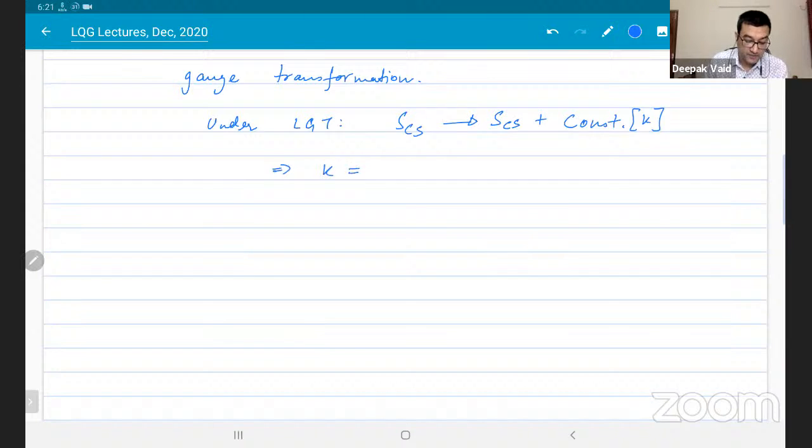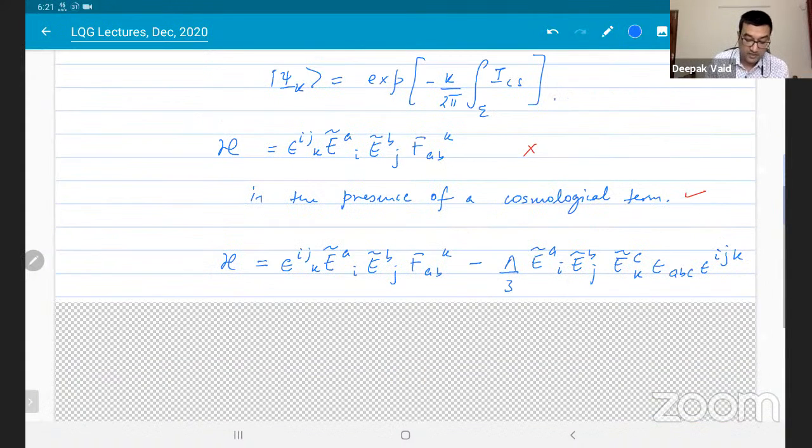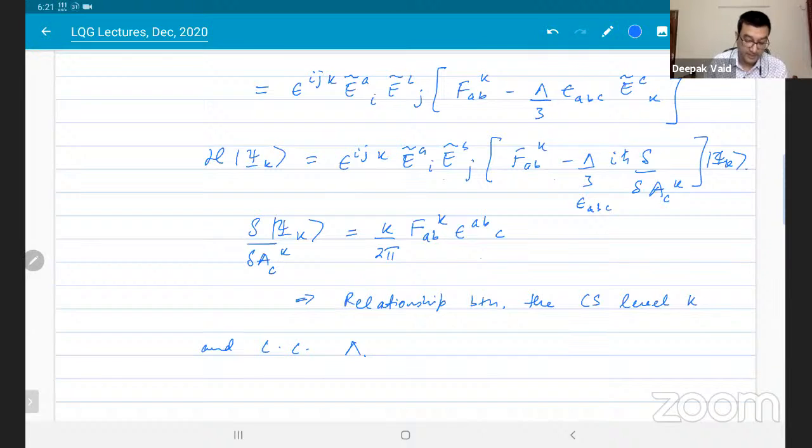K becomes some n k naught. So this will also imply that lambda is quantized, by virtue of the fact that this state is a solution of the Hamiltonian constraint for a space-time with a cosmological constant.